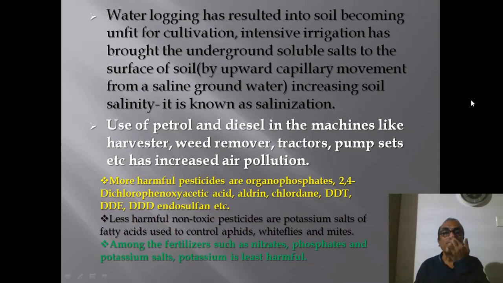So the more harmful pesticides which are causing a lot of damage to our health are mainly organophosphates, 2,4-dichlorophenoxyacetic acid, aldrin, chlordane, DDT, DDE, and DDD, endosulfan, etc. DDT, as we know, is dichloro diphenyl trichloroethane.